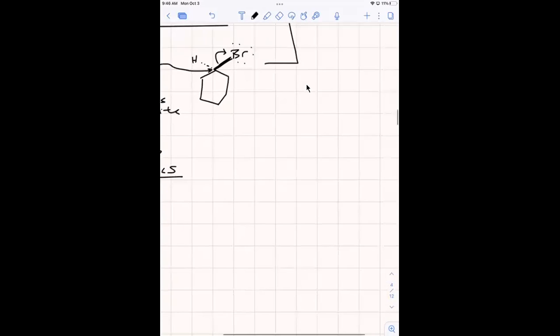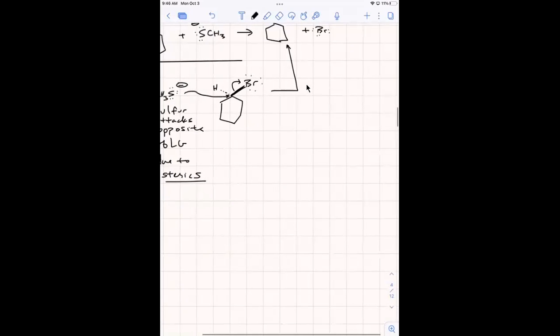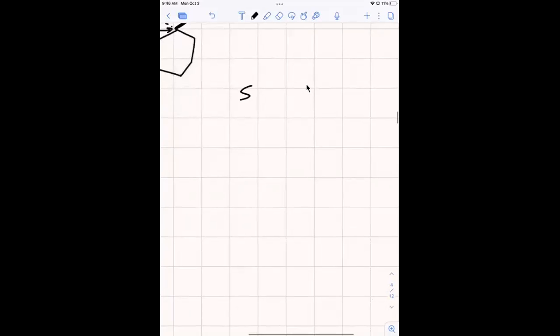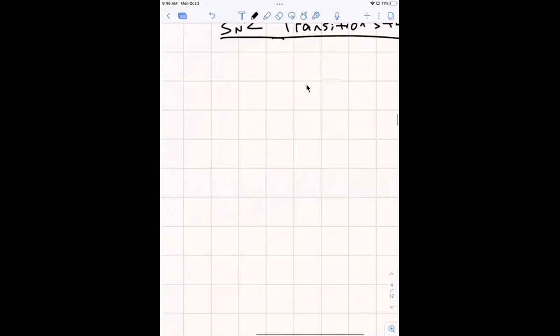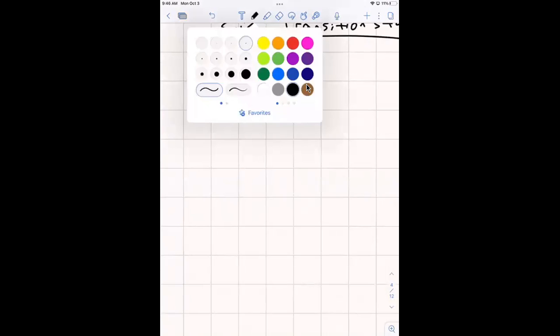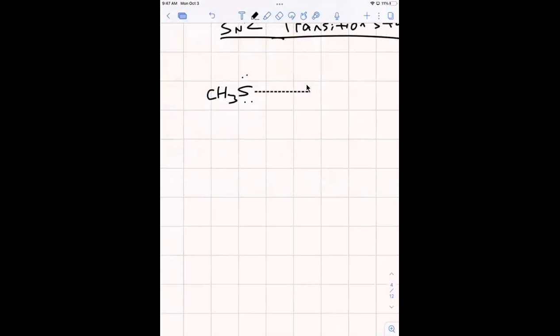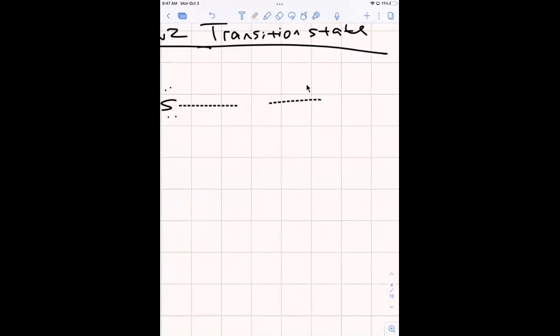So that means that in the transition state of an SN2, because this is important, there's a partially formed bond between sulfur and carbon, and there's going to be a partially broken bond between carbon and bromine.